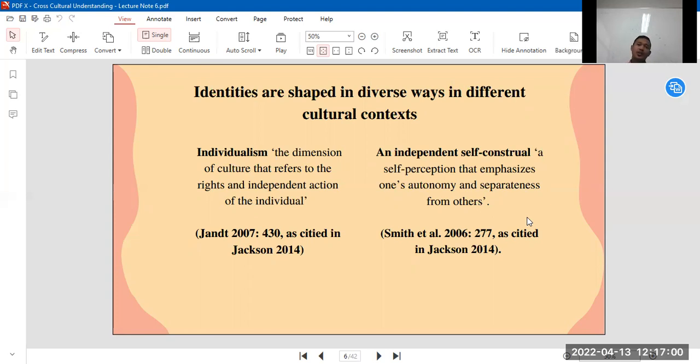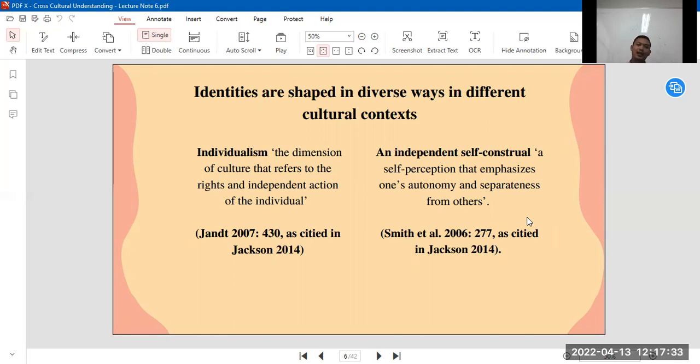The primary socialization process, of course, differs among and within cultures, and the ways in which people are socialized differ in each culture and society. And the cultural settings around us, of course, have an impact. They influence one another.